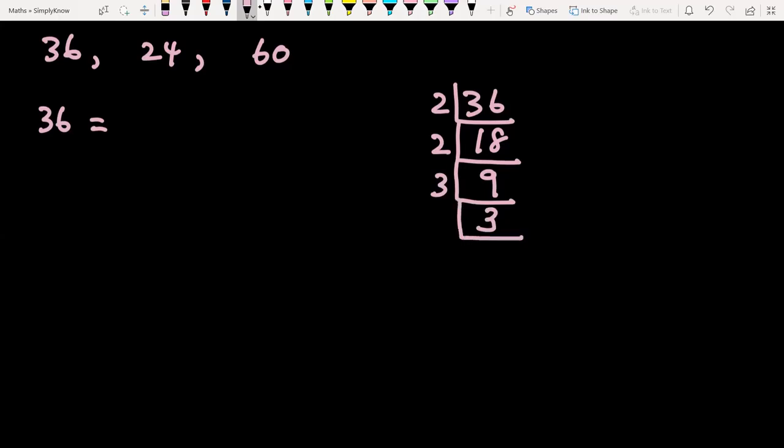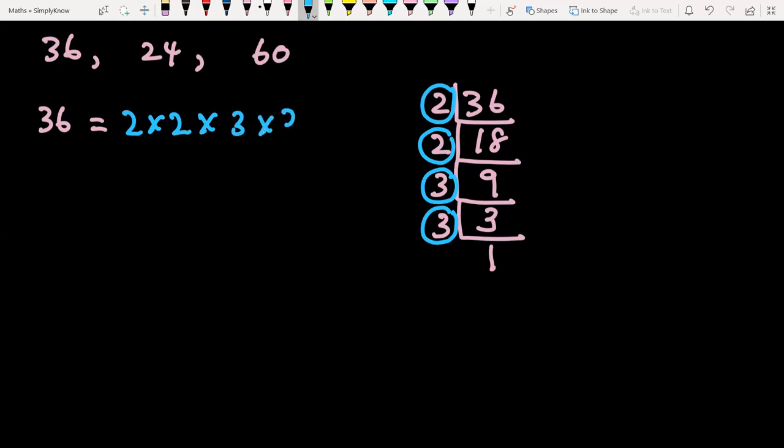And 3 is divisible by 3. And finally we obtain 1. These are the prime factors of 36 now. So I'm going to write 36 as a product of its prime factors. 2 times 2 times 3 times 3.